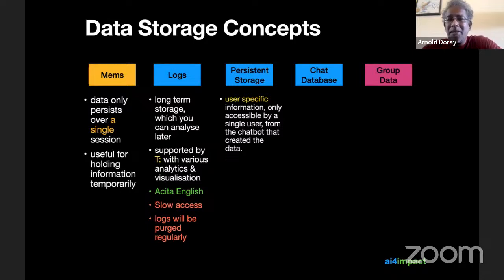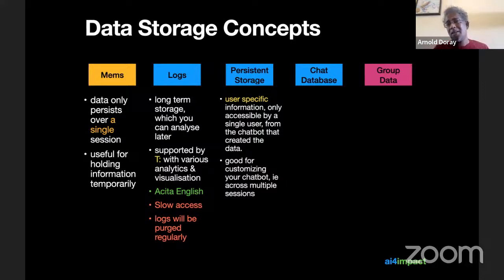Coming to persistent storage, the question really is, can you store user-specific information, like maybe the user's name or his preferences? These kinds of problems of storing user-specific information are solved very well by using persistent storage. You can use this technique to customize your data, and it works across multiple sessions.